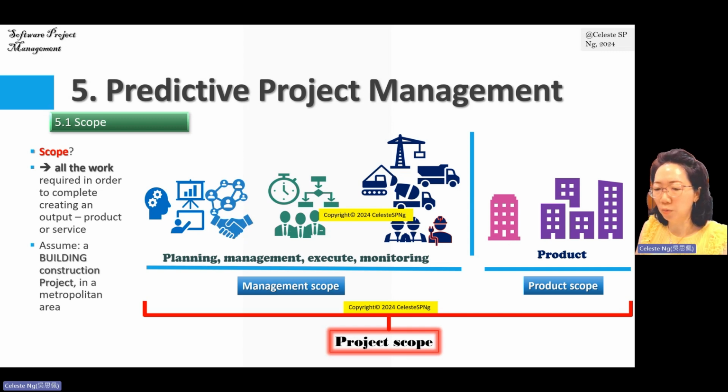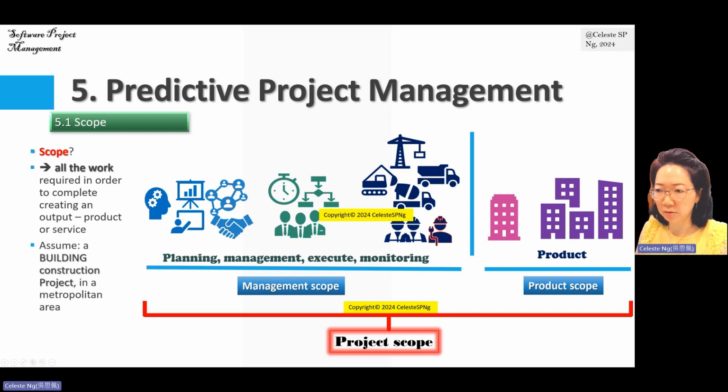All the work directly related to building that product is called product scope. But there are many management related work. For example, planning where to build the house, planning for budget, planning for human resource, planning for raw material procurement.